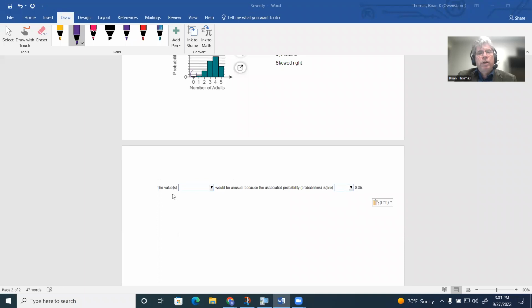So lastly, we have this drop-down menu, the values that would be considered unusual because the associated probabilities are, remember this 0.05, to be unusual, we have to be less than this 0.05. So if we're looking at percentages, or I guess in their decimal form, which ones are under 0.05.